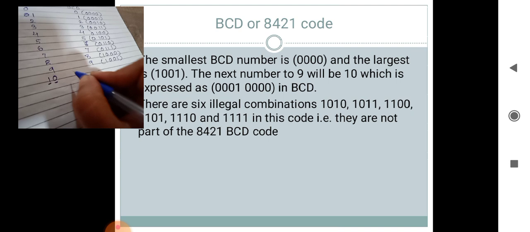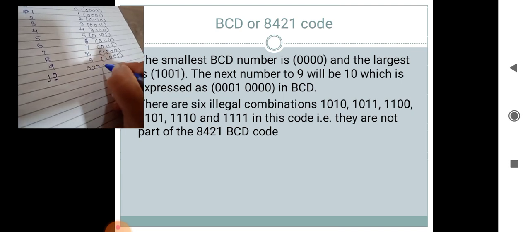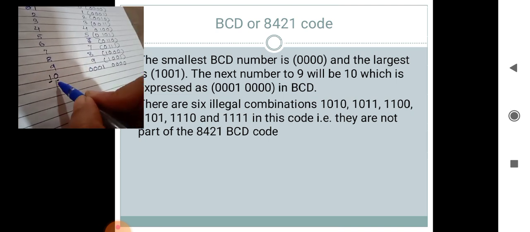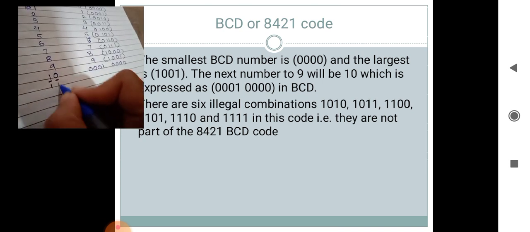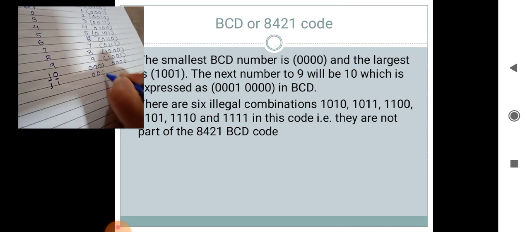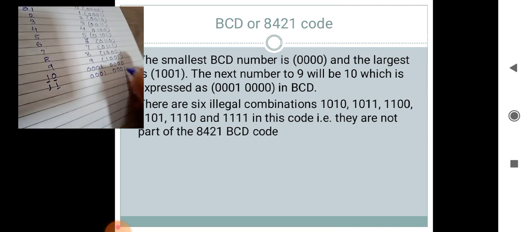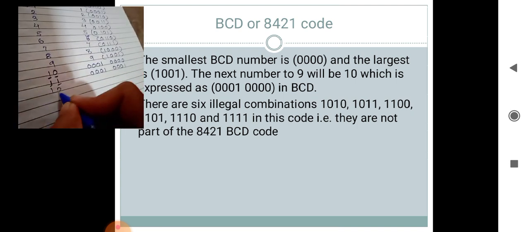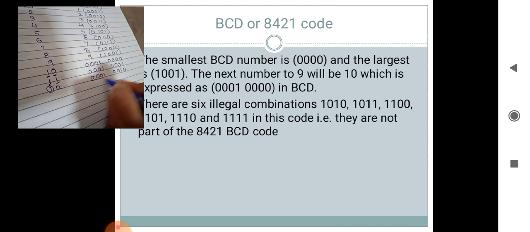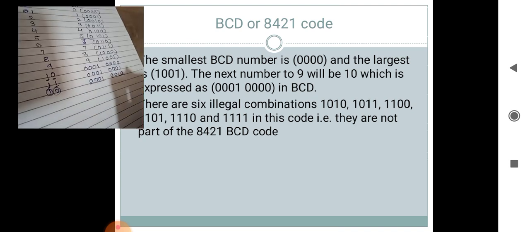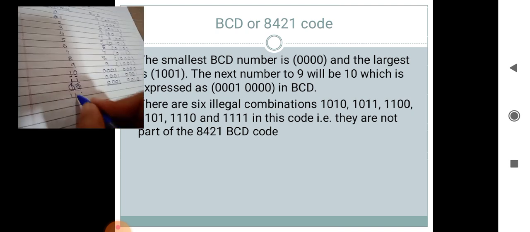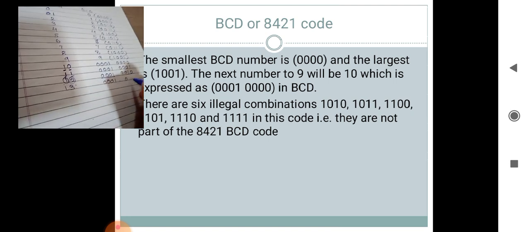If decimal is 10, how do you represent it in BCD? 0 0 0 1 0 0 0 0. That means a 4-bit binary for the 1, and a 4-bit binary for the 0. Now 11 in decimal, how will you represent it in BCD? For this one write 4-bit binary, and for this one write 4-bit binary. For 11 it is 0 0 0 1 0 0 0 1, and for 12 it is 0 0 0 1 0 0 1 0. That means I wrote separate 4 bits for 1 and separate 4 bits for 2. So 12 in decimal will look like this in BCD. For 13 it is 0 0 0 1 0 0 1 1.